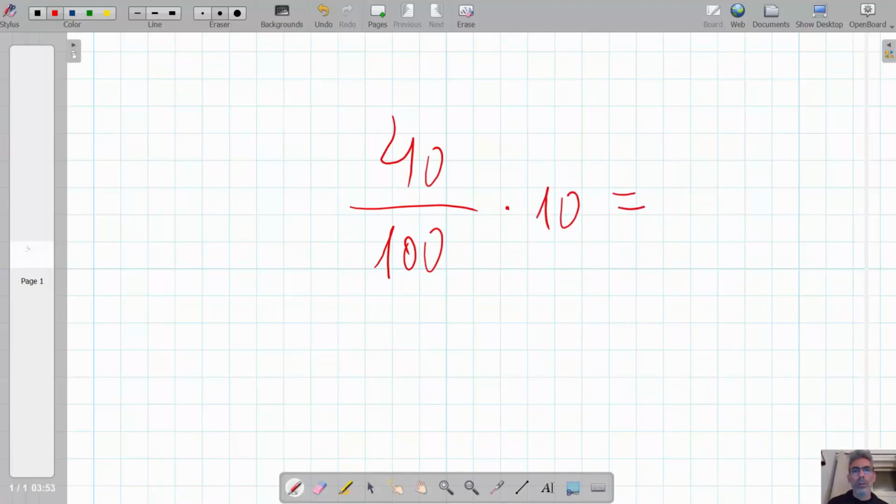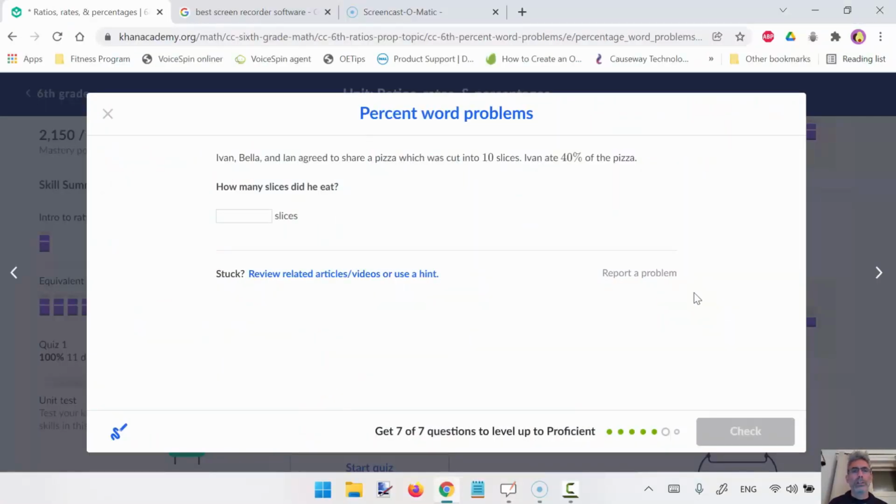Okay, so we simplify this. It's 4 tenths, and we simplify this. So it's 4 times 1. It's 4. Okay, 4 slices.